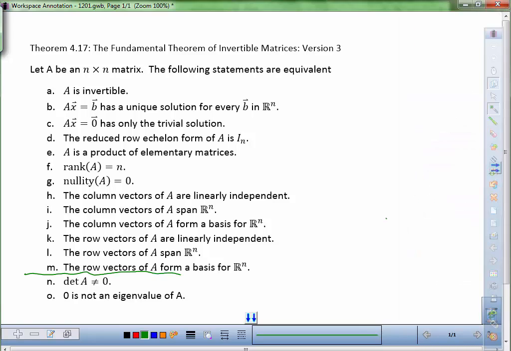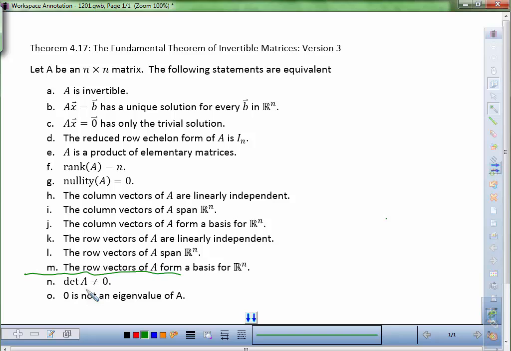But we had the fundamental theorem of invertible matrices from last chapter. And now that we introduced eigenvalues and determinants, we added a couple more things here for our criteria for an n by n matrix to be invertible.